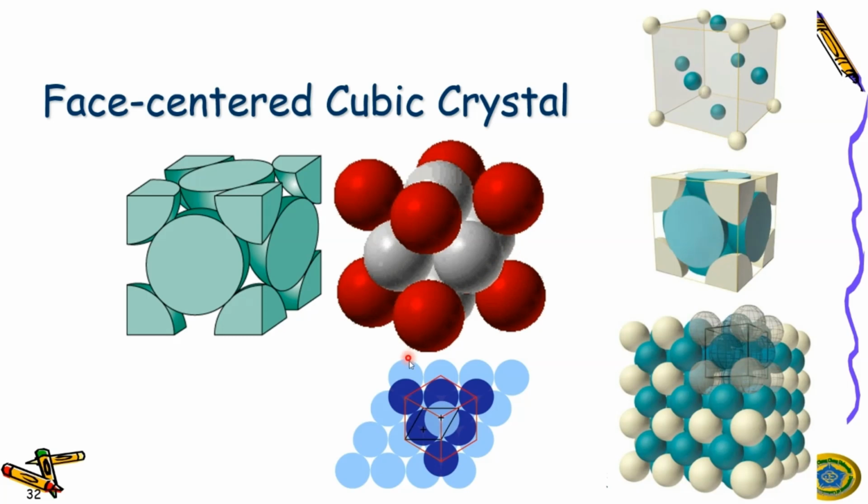So in layer 3, you have light blue atoms packed, representing these atoms here. So this is what we call stack sequences. I'm going to talk about this more later.